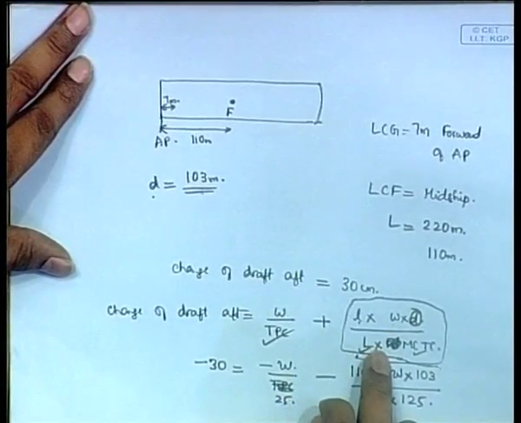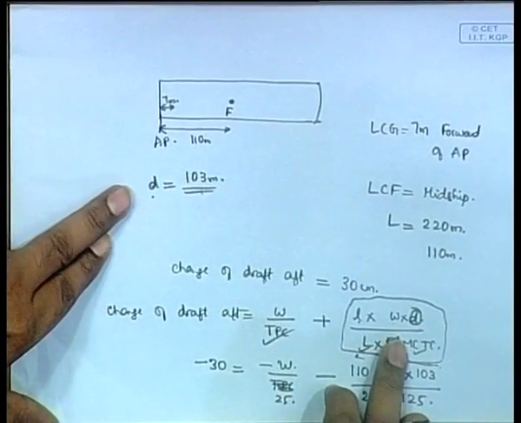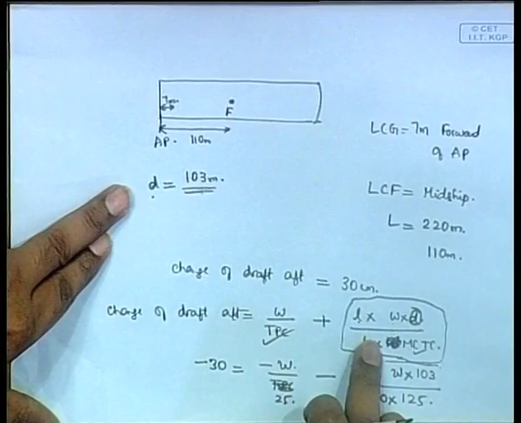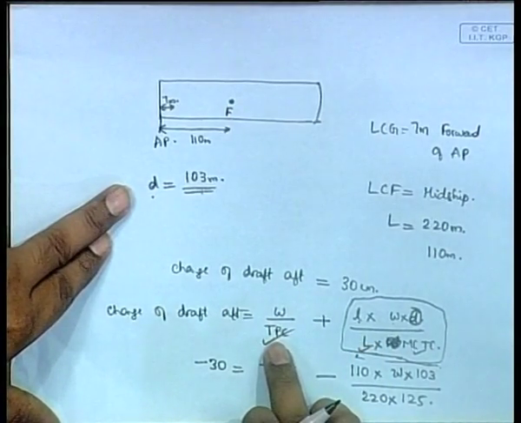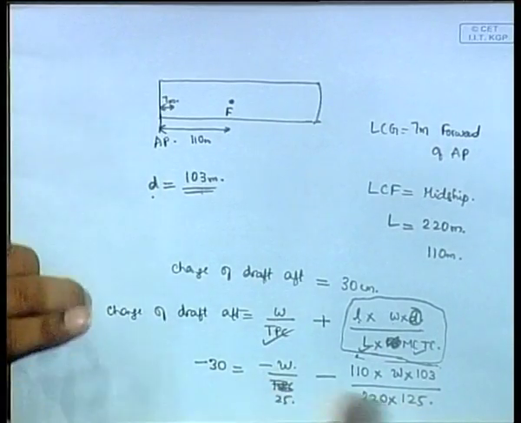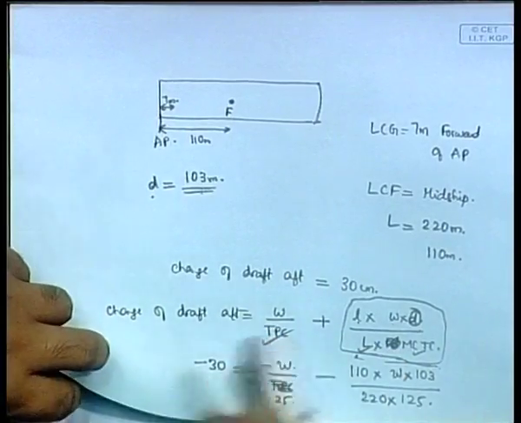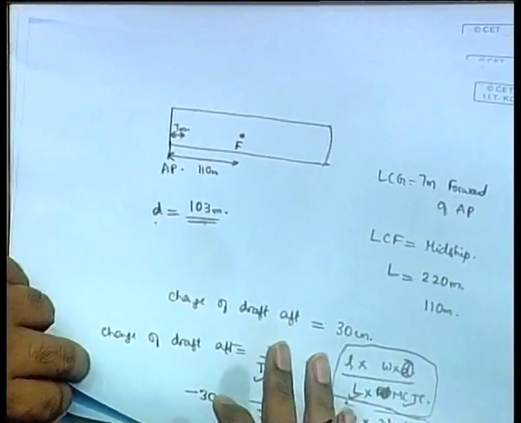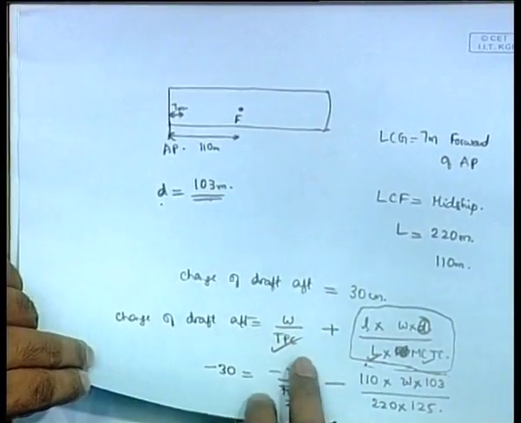It is possible that in a particular case the change of draft is 0, but these two still exist. That means, for instance, this can sink and this can trim up, such that the two things cancel out, or this can rise and this can trim down. So, that is a special case when your change of draft is 0, but still there is sinkage and trim.